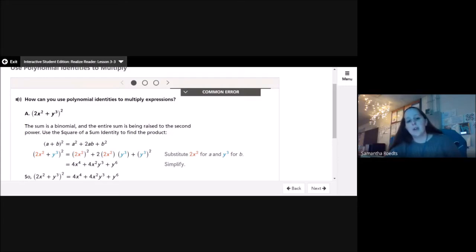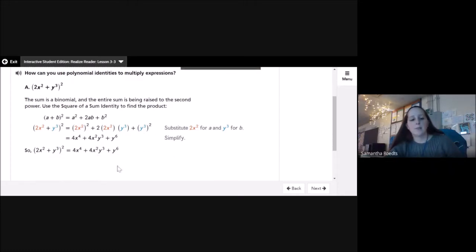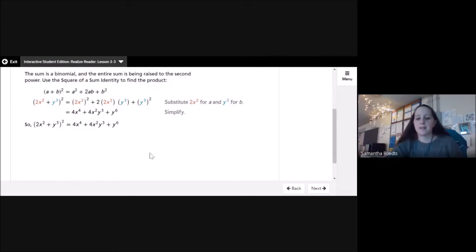And then I have 2 times 2, which is 4, times 1, which still gives me 4, x squared y cubed, plus y to the third raised to the second power is y to the sixth. So that's an exponential power to a power rule, so you multiply the exponents. So (2x squared plus y cubed) squared equals 4x to the fourth plus 4x squared y cubed plus y to the sixth.